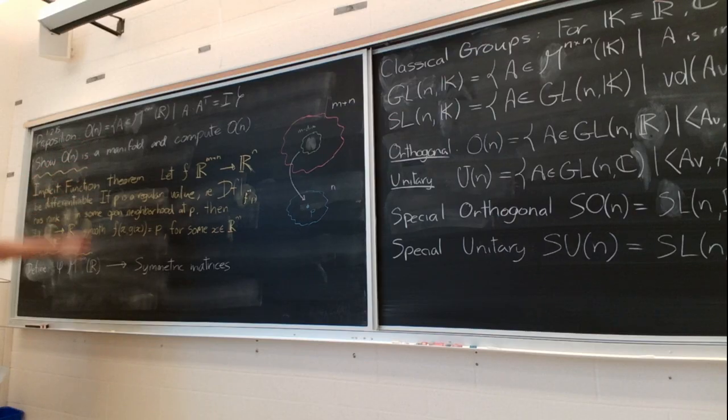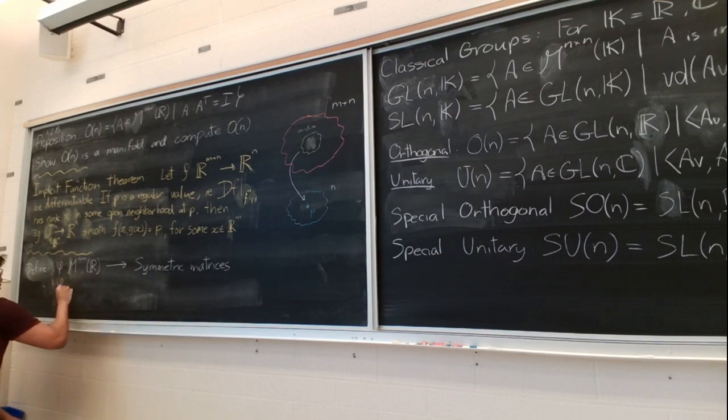You take a matrix A, A times A transpose. There we go. It sends A to A times A transpose. Write that down. Phi of A is A times A transpose. Okay, I remember this. You can check that A times A transpose is always a symmetric matrix.